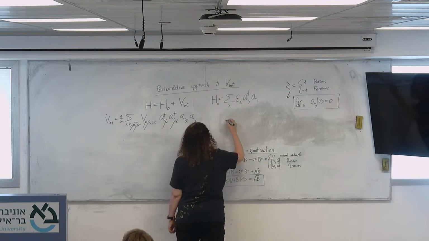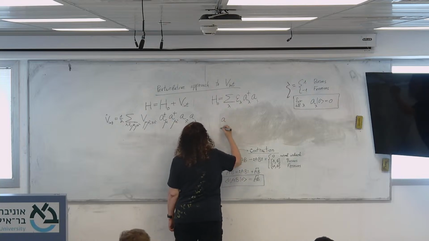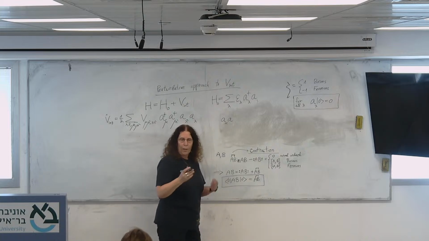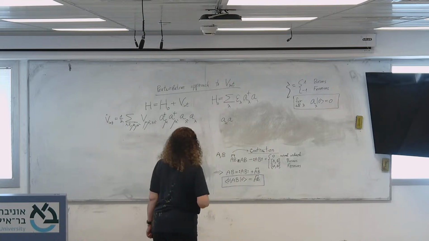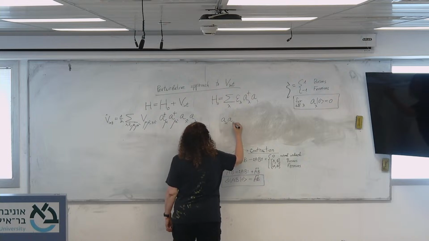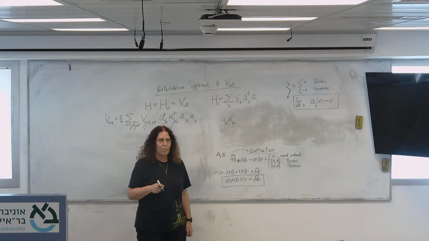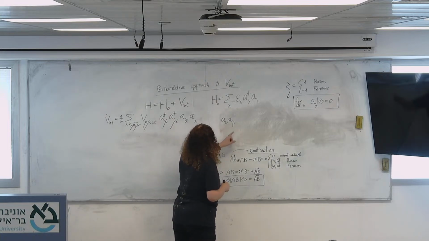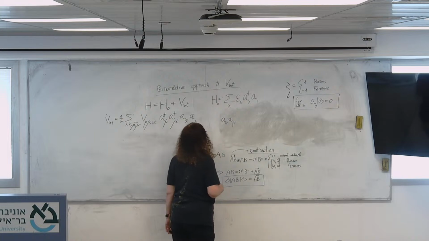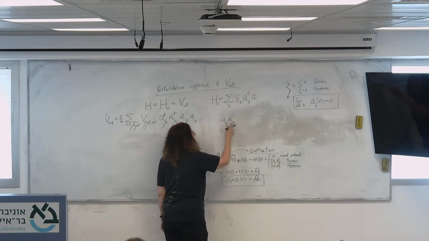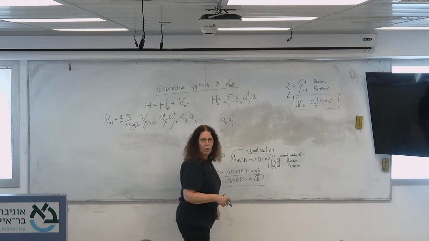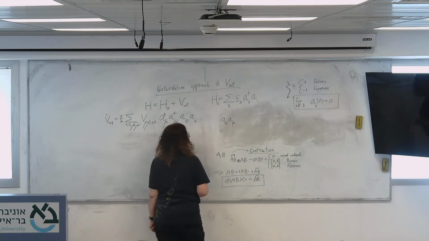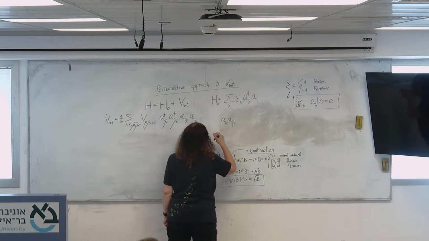Okay, so let me first look at two operators. If I look at two quantum numbers, alpha and beta, I have four options. Either A alpha, A beta, A dagger alpha, A dagger beta, or one dagger, one not, and the other. Okay, there are four options.